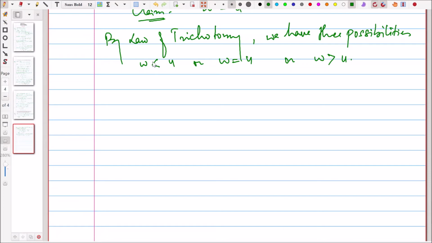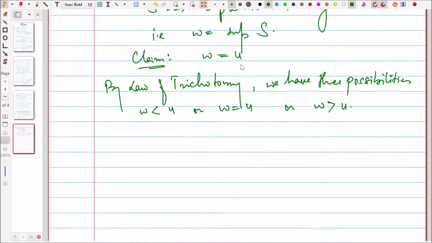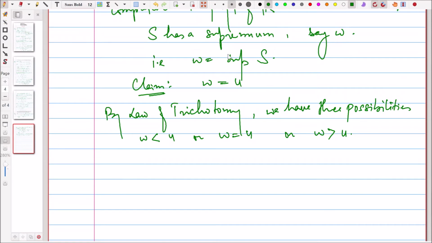We will say that W less than U is not possible, and W greater than U is not possible, and hence we will conclude that W is equal to U, that is, U is equal to the supremum of S. So this is what we will try to show.